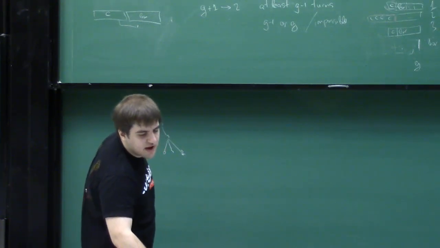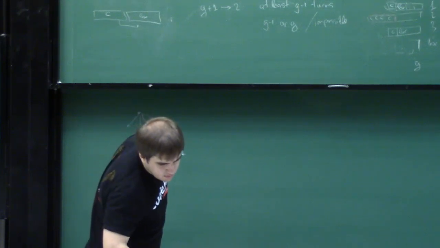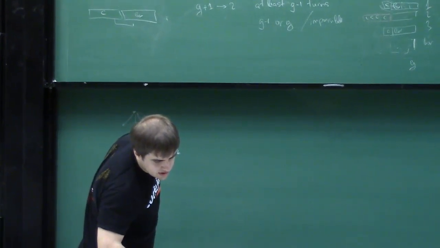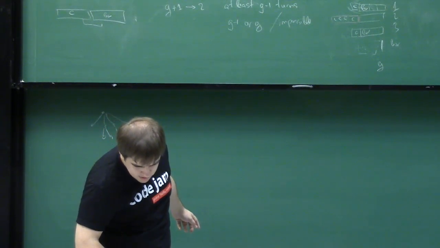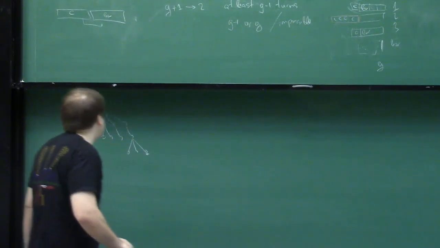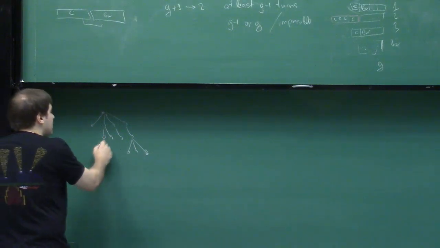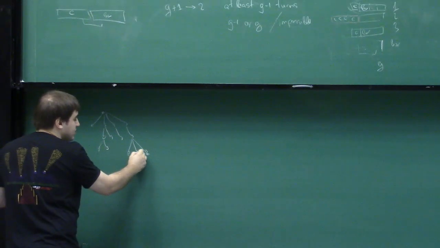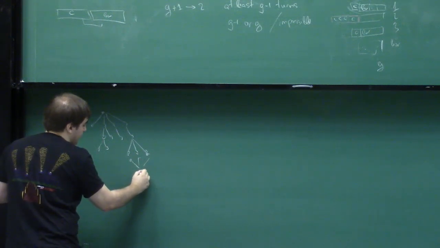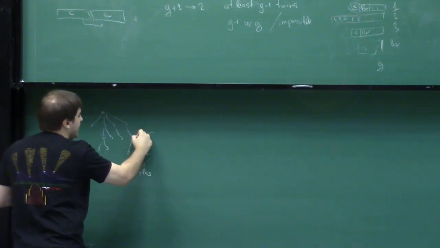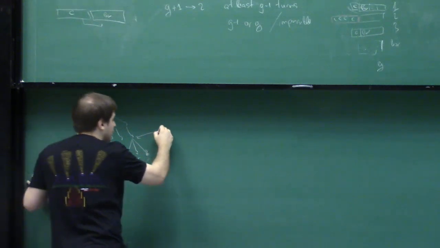Could we have the empty directory? No? Okay, so we do not have empty directories. This means that the leaves are also the files. These are files. And the internal vertices are directories.